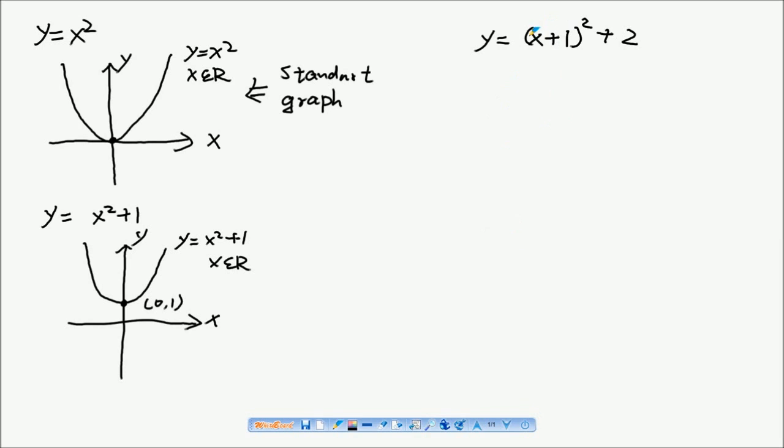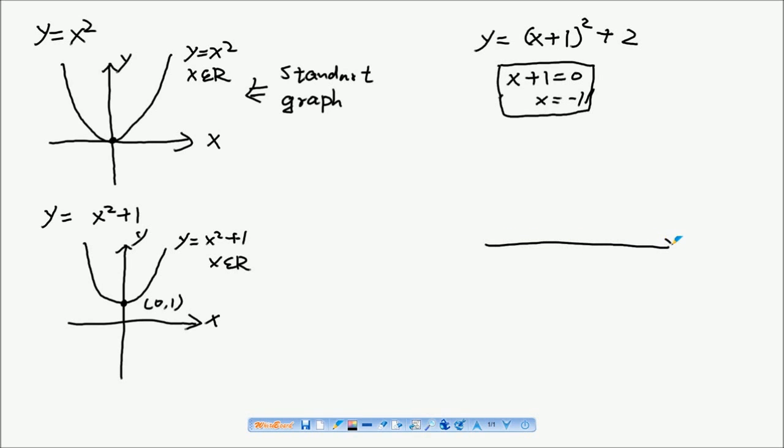When we have x plus 1 in the bracket, we make it equal to 0, and your x will be minus 1. This is how we determine the horizontal translation of the graph. The graph travels minus 1 unit horizontally and 2 units vertically.